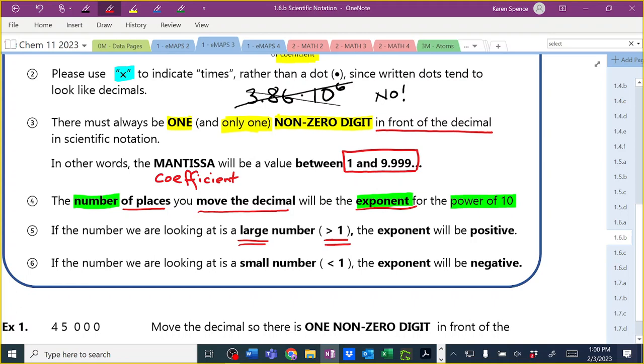If we have a small number, and in this case that means less than 1, the exponent will be negative. So small numbers, it would be times 10 to the negative 3, times 10 to the negative 7, times 10 to the negative something. So large numbers, the exponent is positive. Small numbers, the exponent is negative.